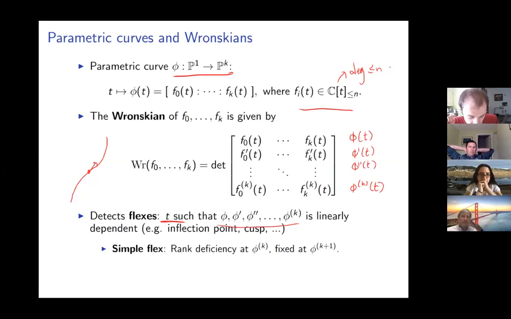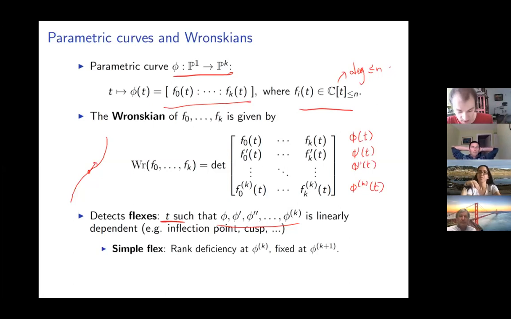Okay, and I'll just mention in passing that you may have seen Wronskians in differential equations. They sometimes come up there because people use them as a way of testing linear dependency of functions. And so there's actually one case here where this determinant vanishes identically, which would be if these polynomials, f0 through fk, are linearly dependent as polynomials.